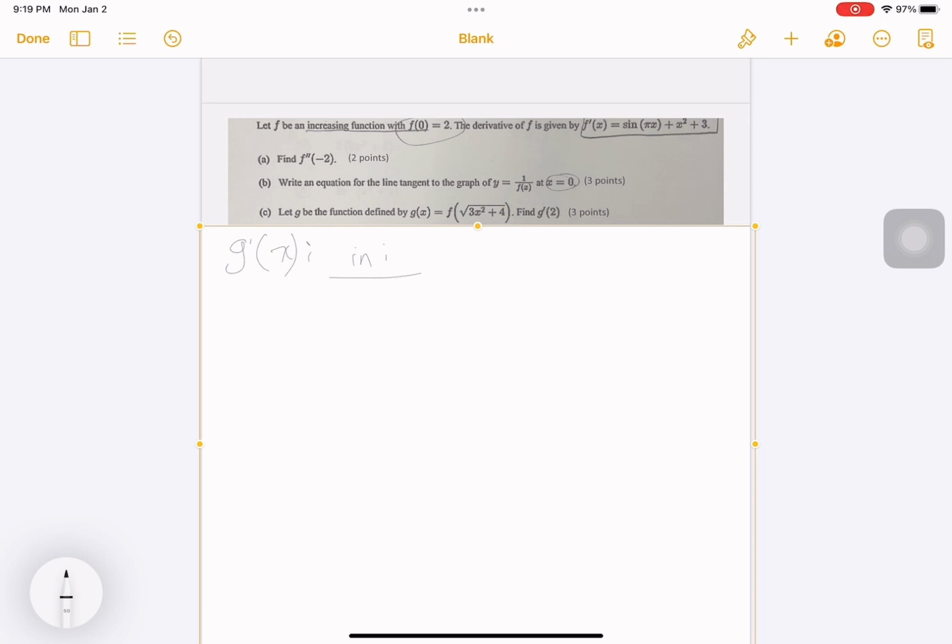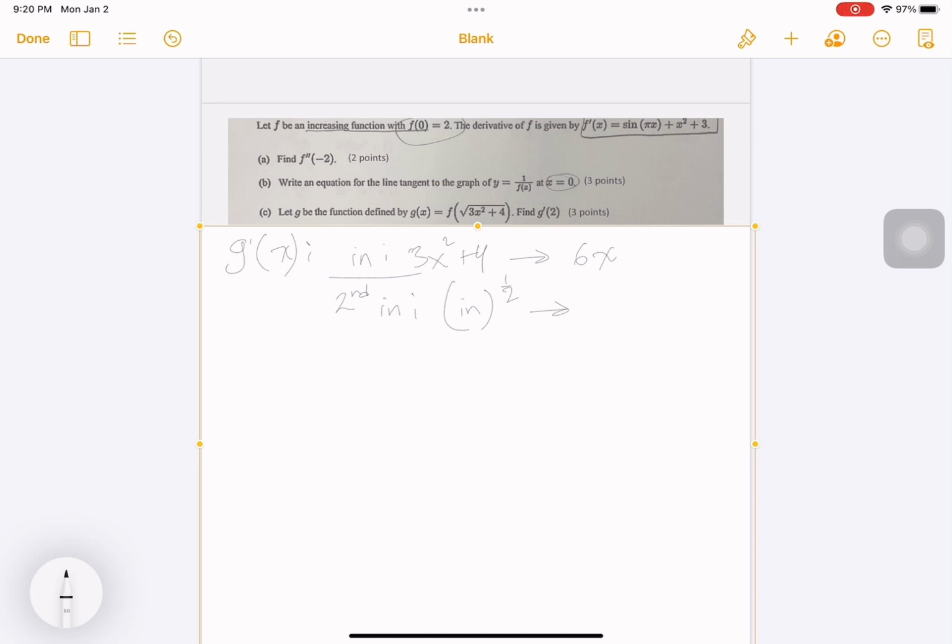So there are actually 2 inners and 1 outer. The first inner would be 3x squared plus 4, and the derivative of that would be just 6x because of power rule. Our second inner is going to be our first inner to the 1/2 power, because it's being square rooted, and square root you can write as 1/2.